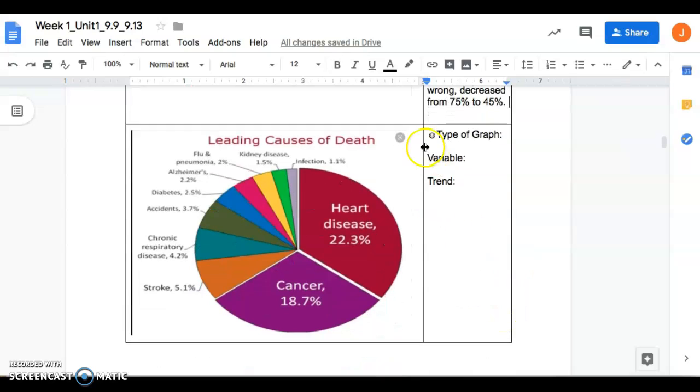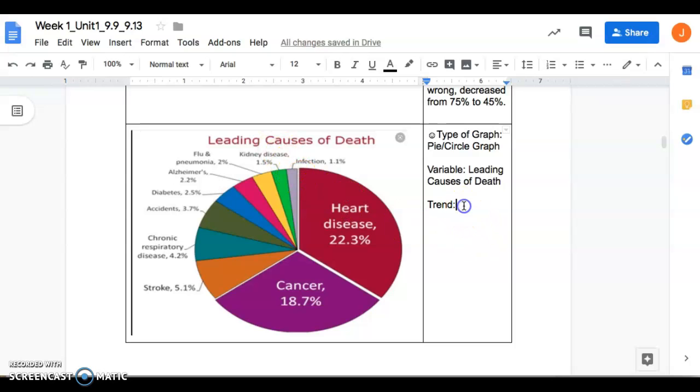Okay, the last kind of graph we're going to go over is called a pie or a circle graph. These basically show how the parts relate to the whole. Here there's not really an independent and dependent variable, no relationship between them, but I do want to point out the variable. The variable I'm seeing is in the title: the leading causes of death.